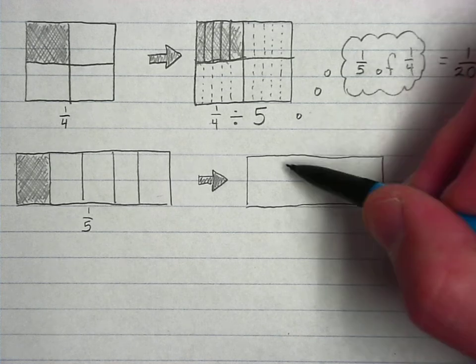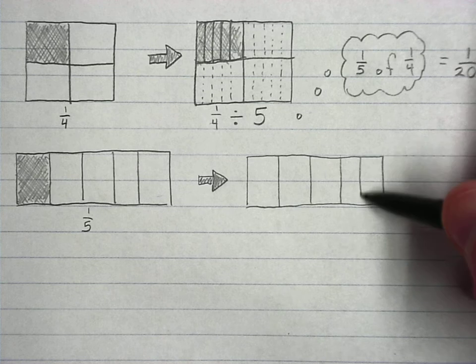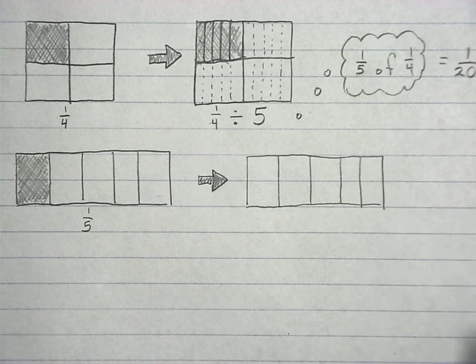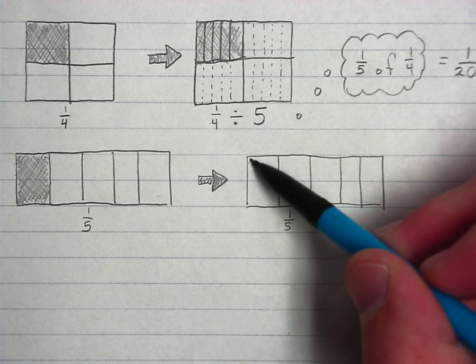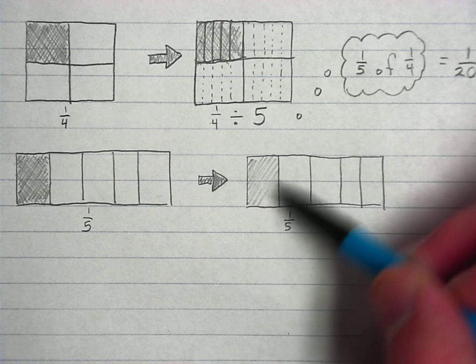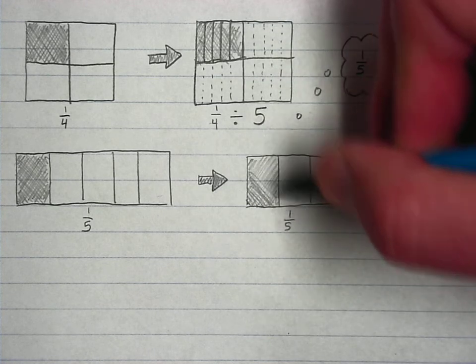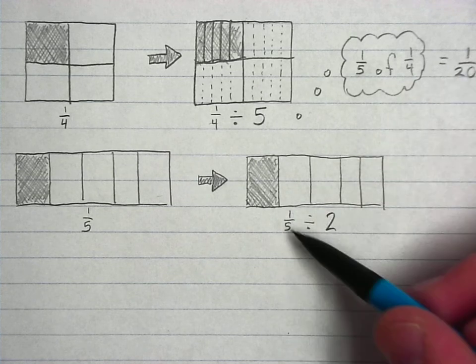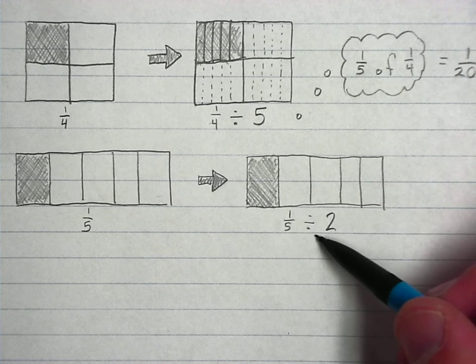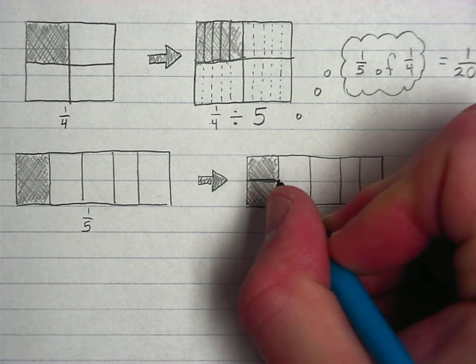So first things first, 2, 3, 4, 5, all equal. 1/5 right there, and divide that by 2. Divide that by 2. Okay. 1/5 divided by 2. Let's cut right here.